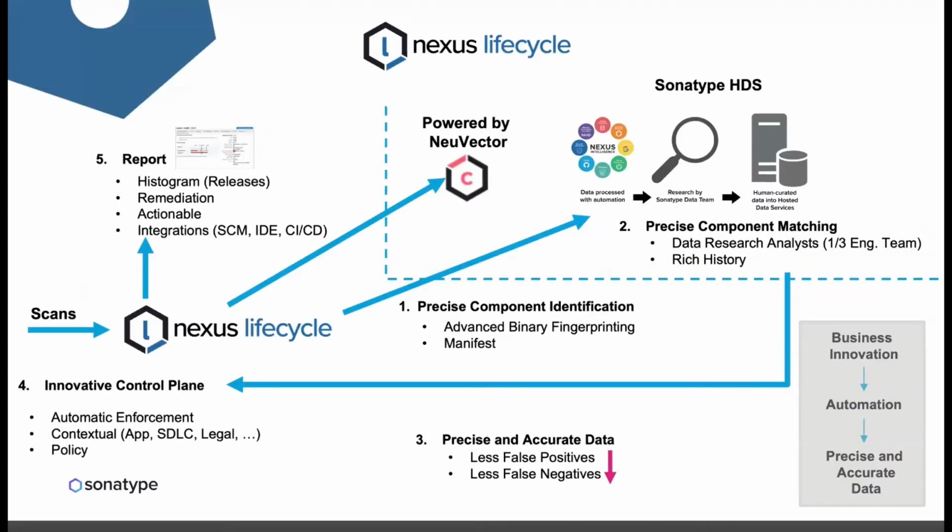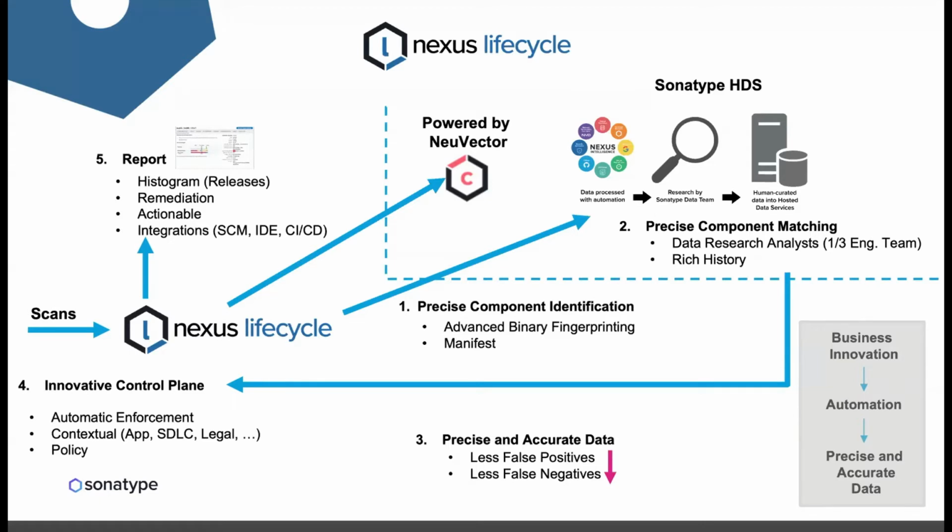And before I get into a quick demonstration, I thought I'd give you a background on what's important to Sonatype and how the Nexus Lifecycle control plane works, right? So we perform scans. I'm going to show you a scan of an open source application, a scan of a base image, and a scan of some infrastructure as code.